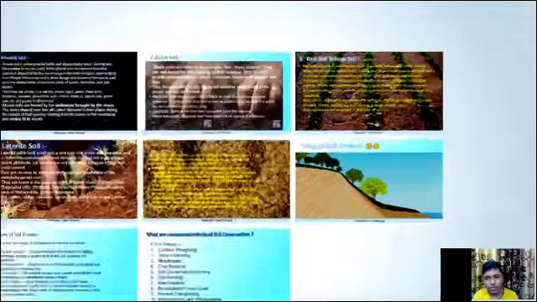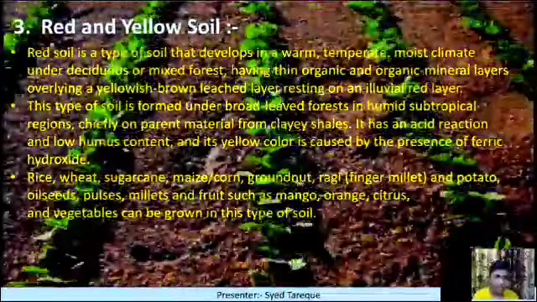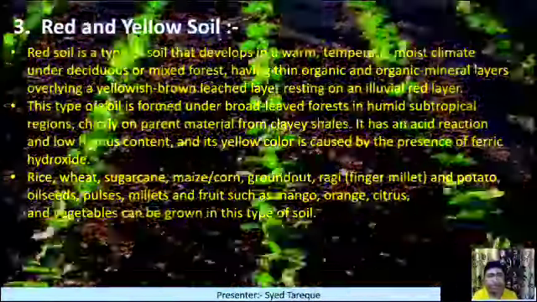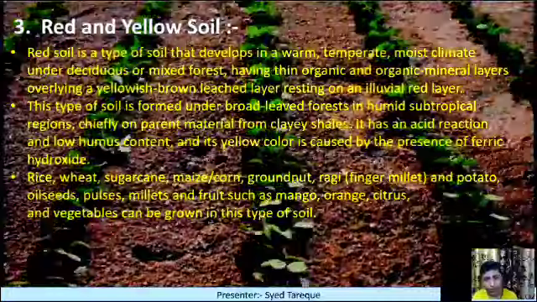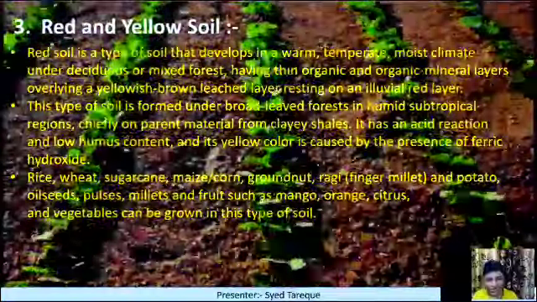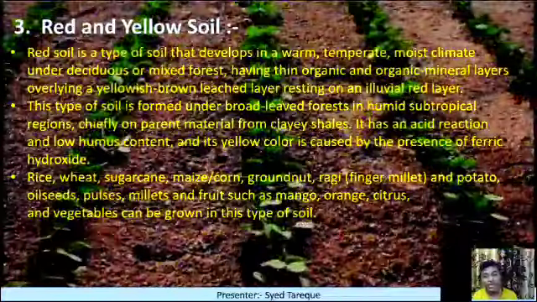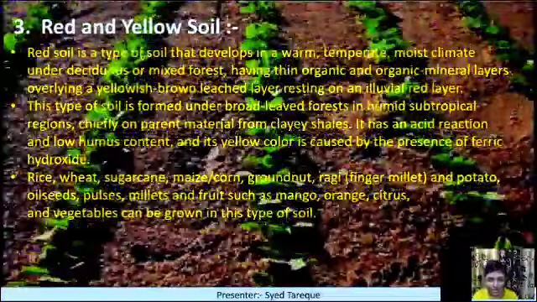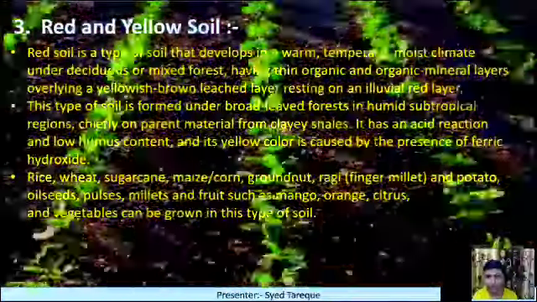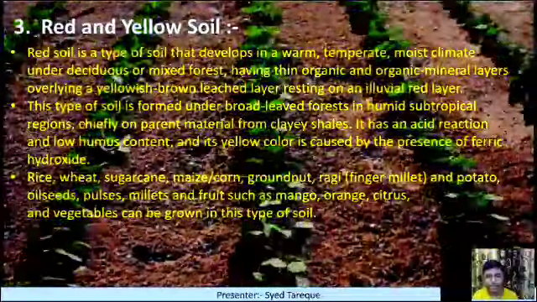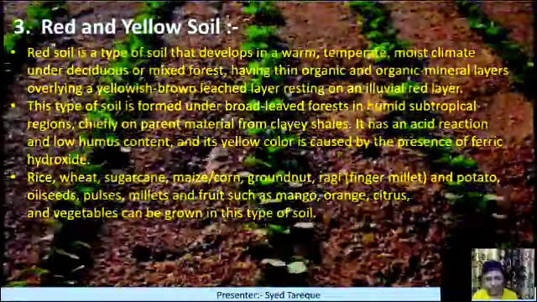Now we will talk about red and yellow soil. Red soil is a type of soil that develops in a warm, temperate, moist climate under deciduous or mixed forest, having thin organic mineral layers overlying a yellowish brown leached layer resting on an alluvial red soil.